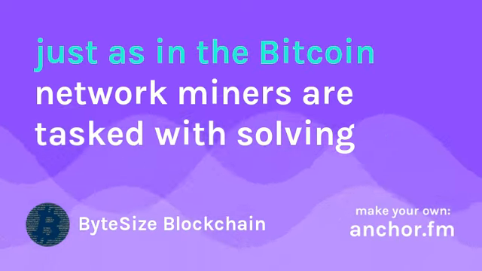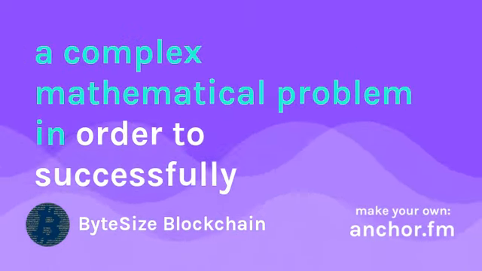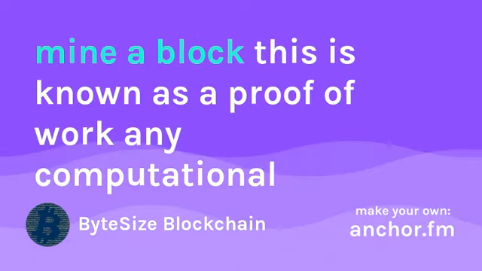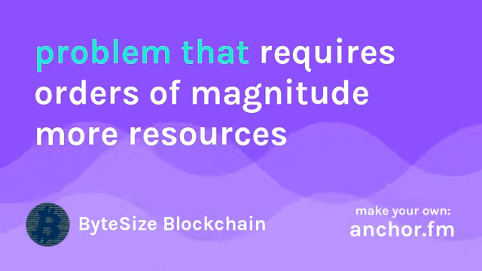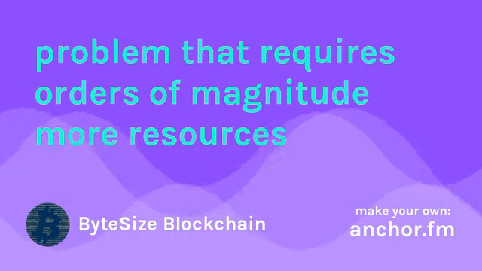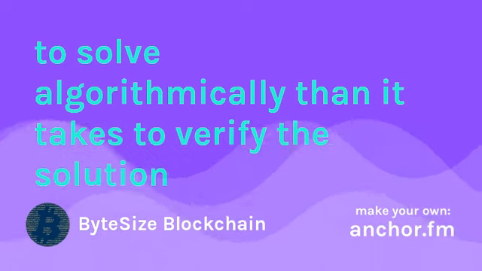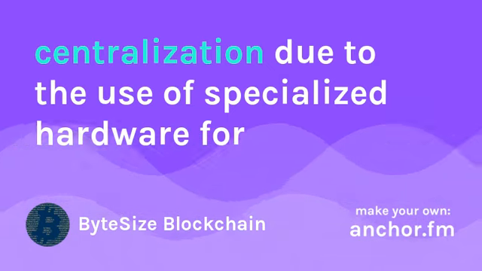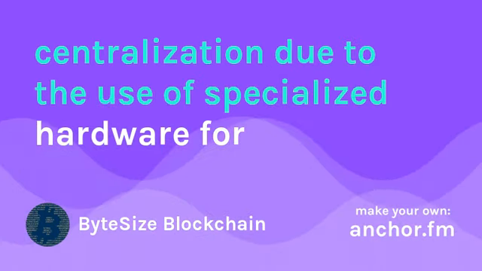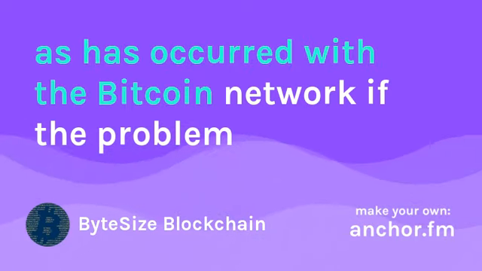Just as in the Bitcoin network, miners are tasked with solving a complex mathematical problem in order to successfully mine a block. This is known as a proof of work. Any computational problem that requires orders of magnitude more resources to solve algorithmically than it takes to verify the solution is a good candidate for proof of work, in order to discourage centralization due to the use of specialized hardware, for example ASICs, as has occurred with the Bitcoin network.